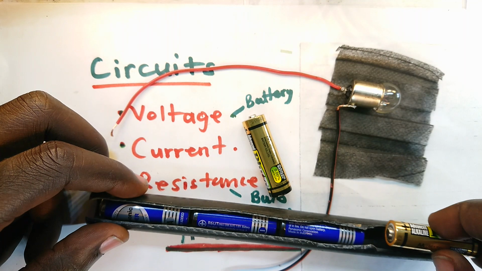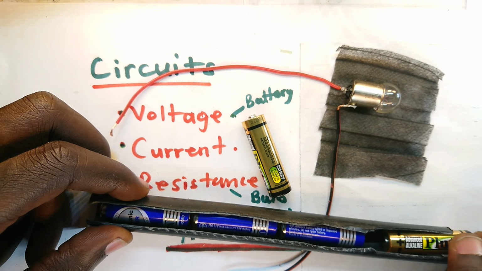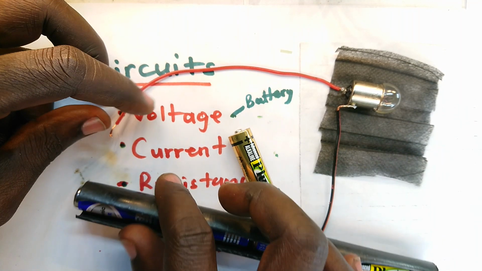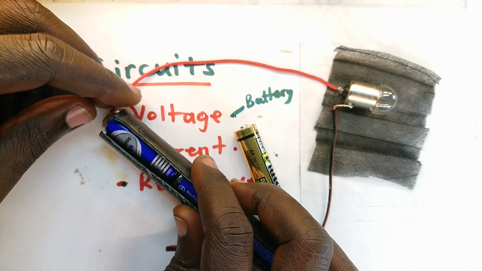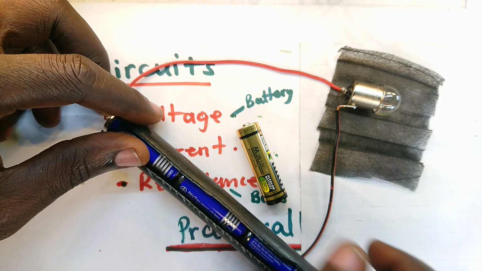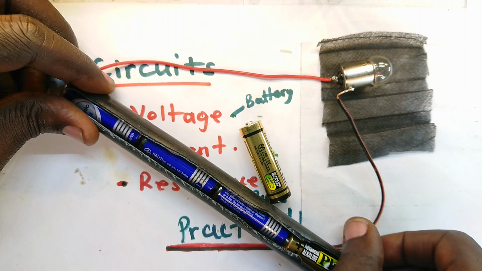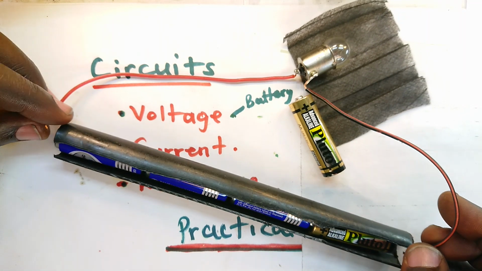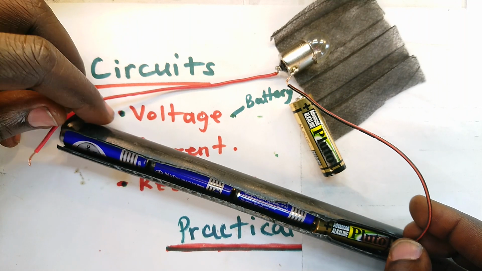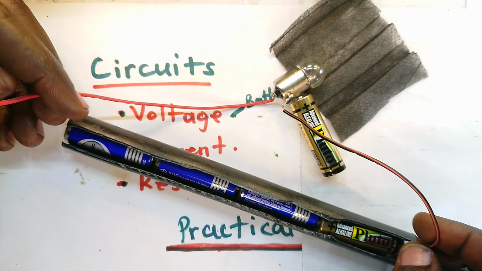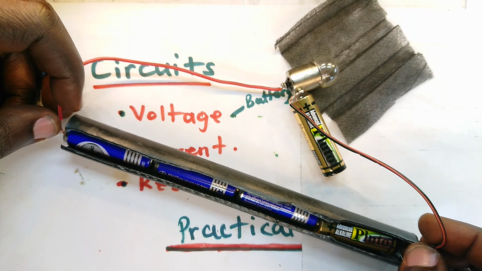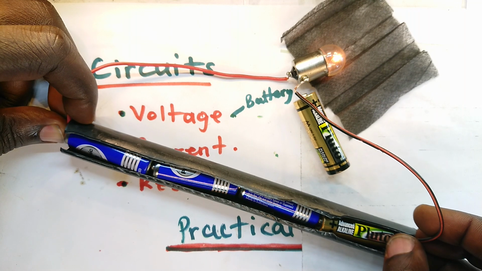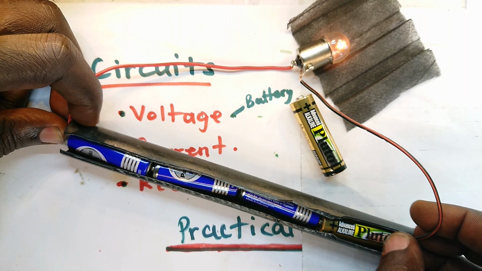Now I want to bring the fourth one in there, and then also pay attention to the amount of glow that we get when we connect this to the ends. Meanwhile this is 1.5 times 4, which is 6 volts. You can see that the glow is even much bigger.